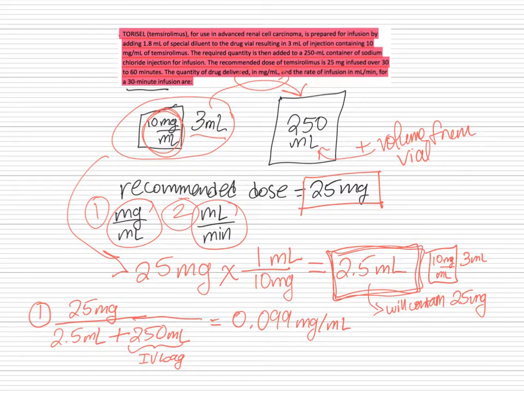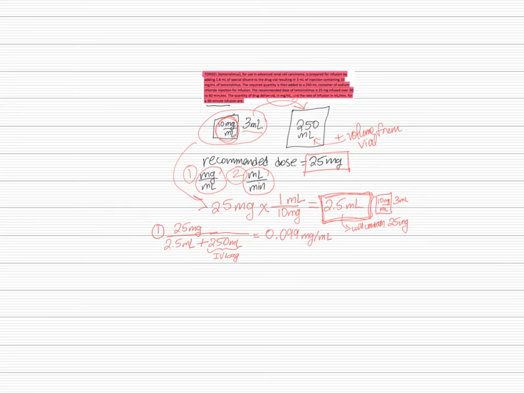And then the second part of the problem. Okay, then for our second unknown, it's asking us to solve the rate of infusion in mLs per minute. So now we have to go based on this value that we solved in the first unknown.